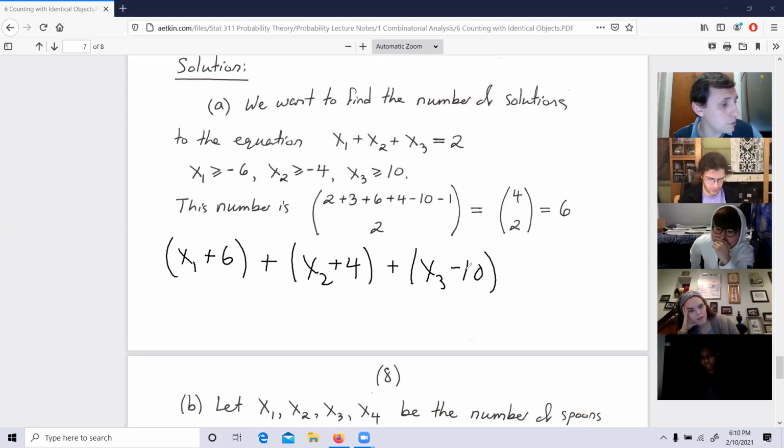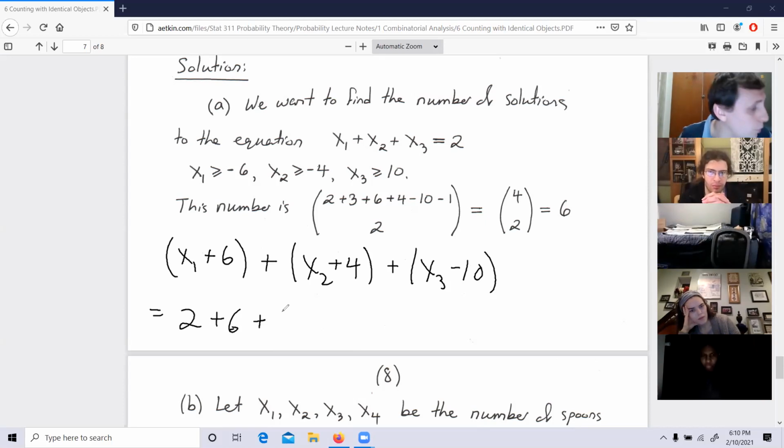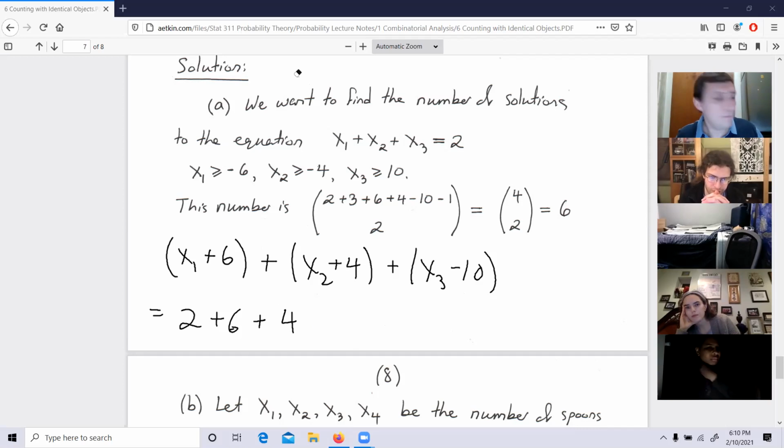Initially it was supposed to equal 2, but now it's equal to 2 plus 6 because I added 6, I must balance the equation, I must add 6, yes? 2 plus 6 plus 4, minus 10. That's my equation, okay? And now x1 plus 6, x2 plus 4, x3 minus 10 are my variables y1, y2, and y3, and they are each bigger than or equal to 0, okay?